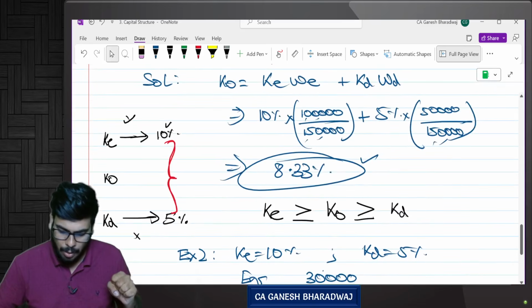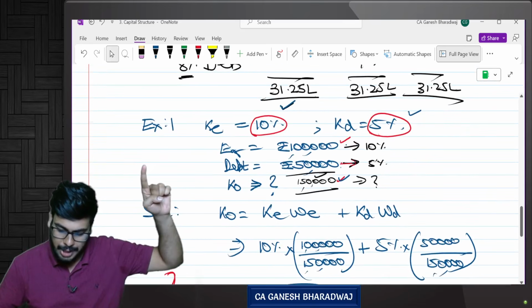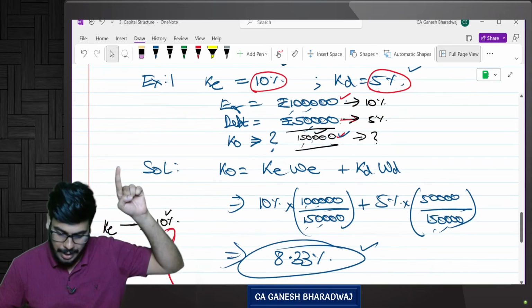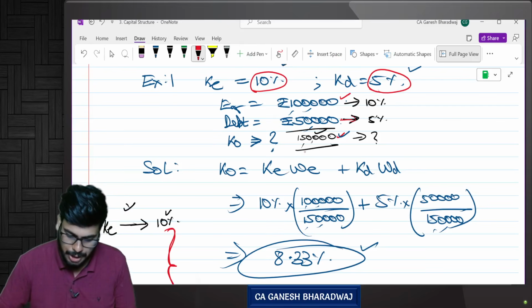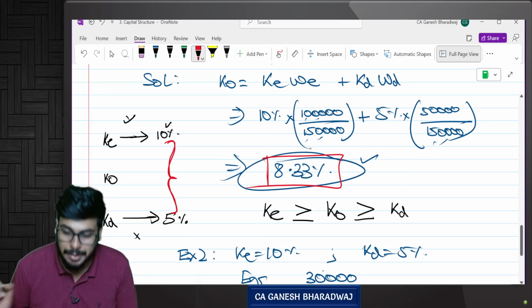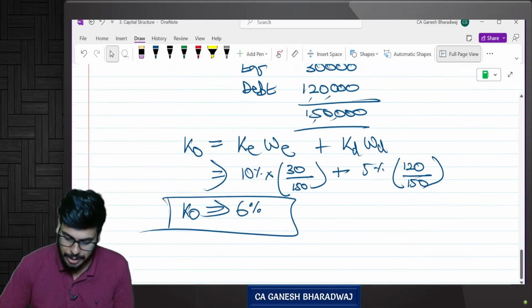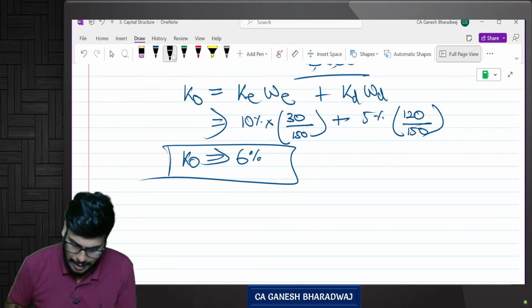Now, look at this. What was initially my KO? So initially in the first case, KO was how much? 8.33%. Correct? Now what happened? Look at this.